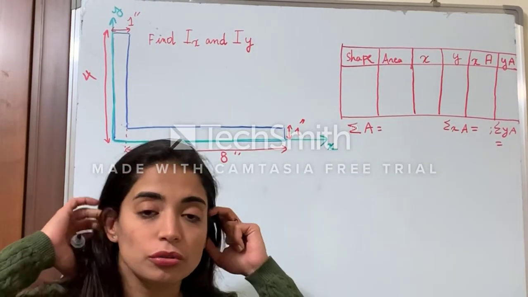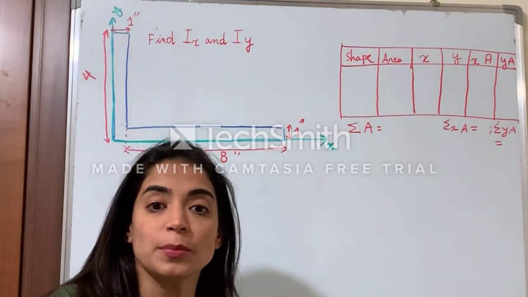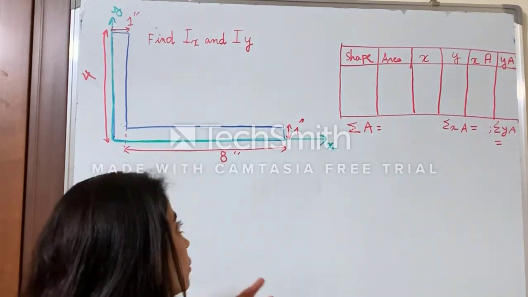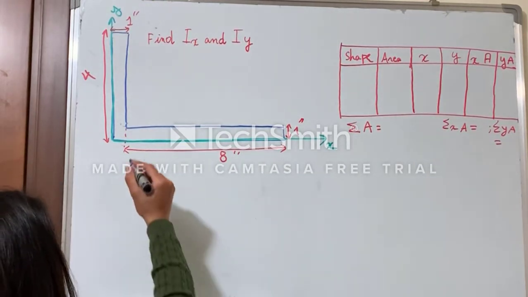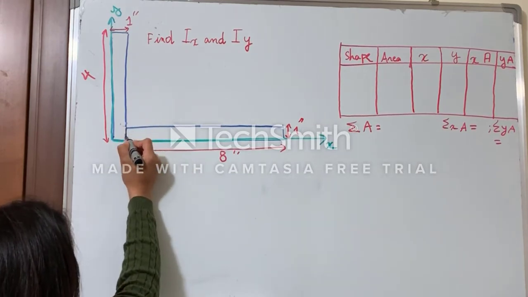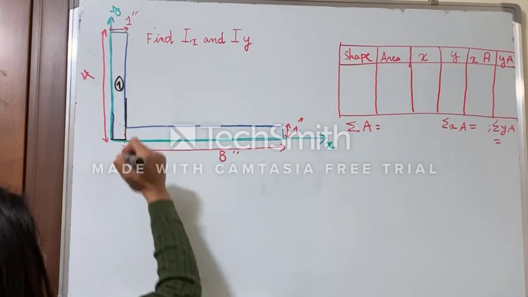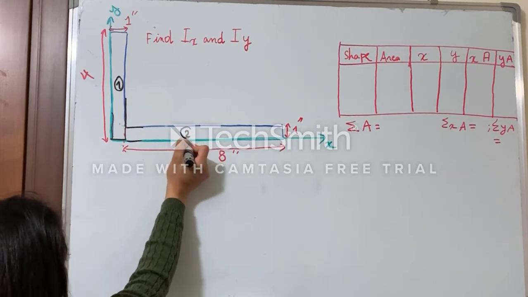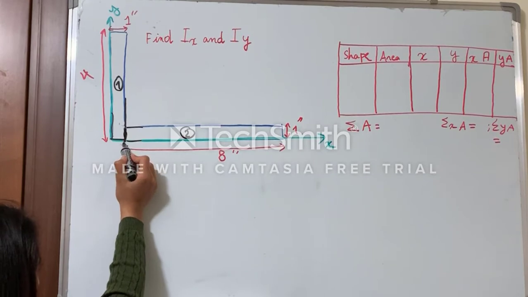First of all, guys, in order to find the centroid, you should divide this beam into two regular shapes, because I know the centroid for regular shapes. So here as you can see, I have a beam in L. So I will divide this beam into two rectangular beams. I will take this as my first beam, so this will be 1, and this as my second beam, and this will be 2. Alright? And then, since I divided from here, I should know this dimension.